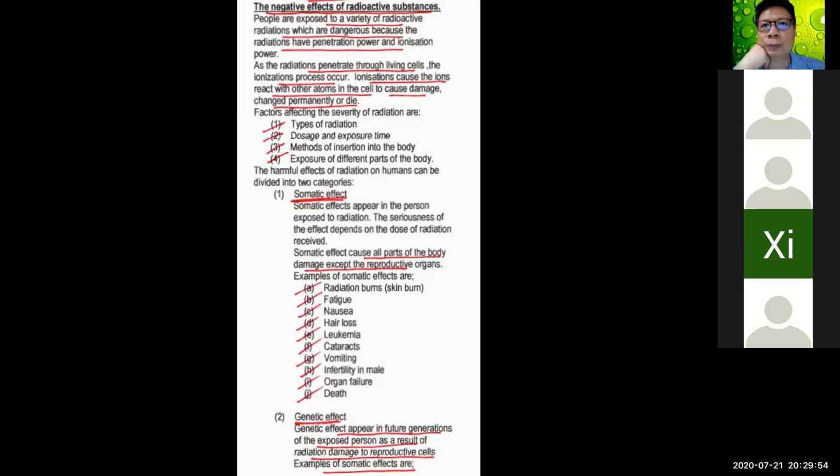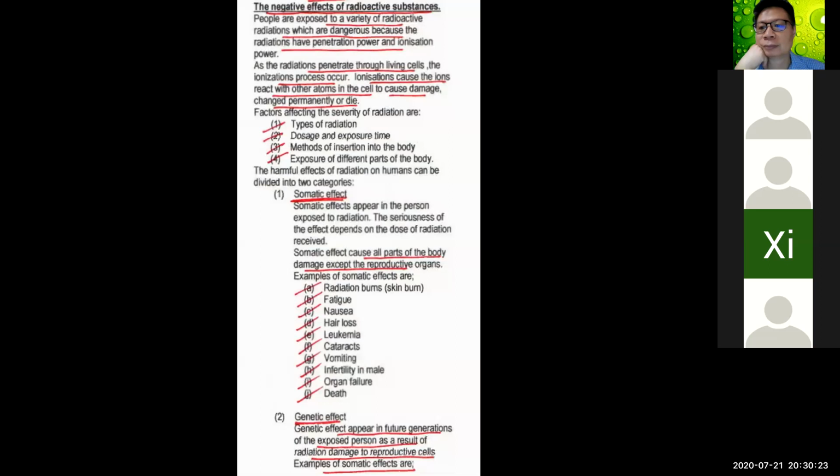What are the two main methods this radiation can cause negative effect to our body? Somatic effect and genetic effect are just names. I mean, how does this thing go into our body, through what method?